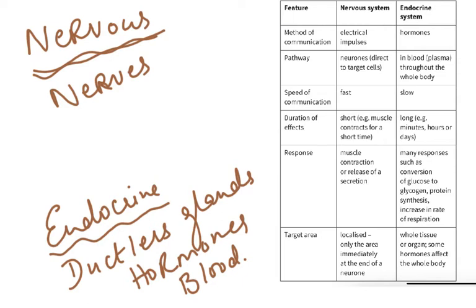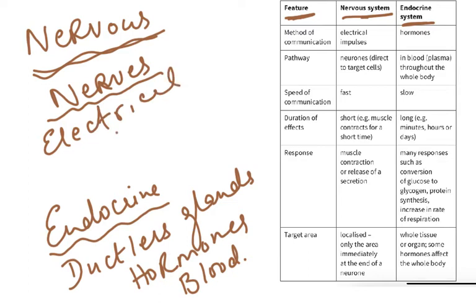So the features that we have here are the nervous system and the endocrine system. Now this is of course one of the questions given in the books, which is the prescribed book for Cambridge. So method of communication: how do they communicate? What travels in these nerves? Is it electricity? No, it's not electricity. It's electrical impulses. Please do not say messages.